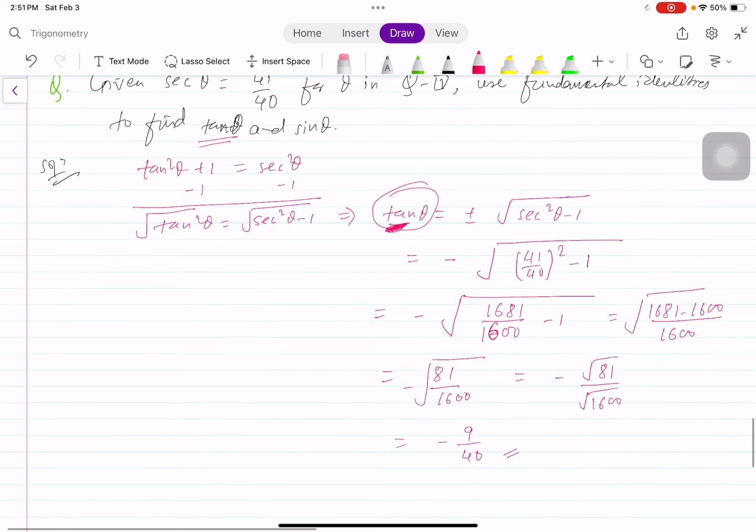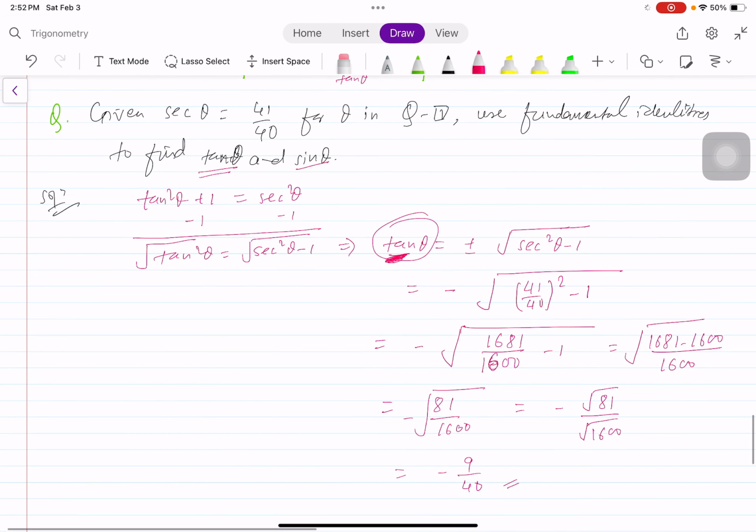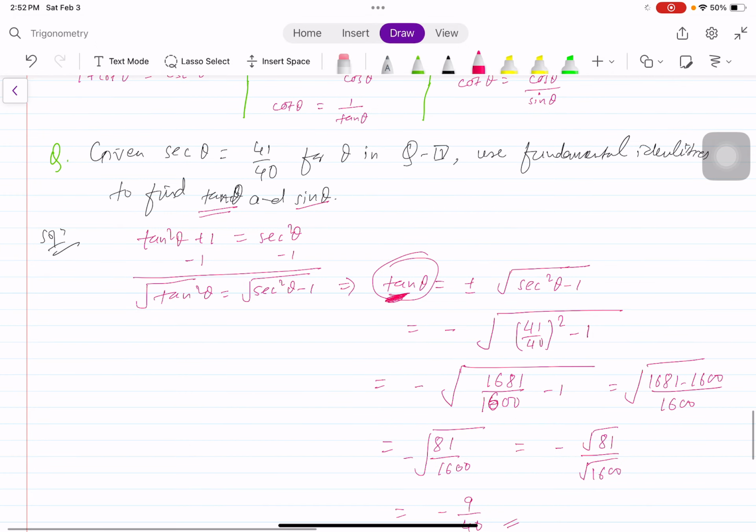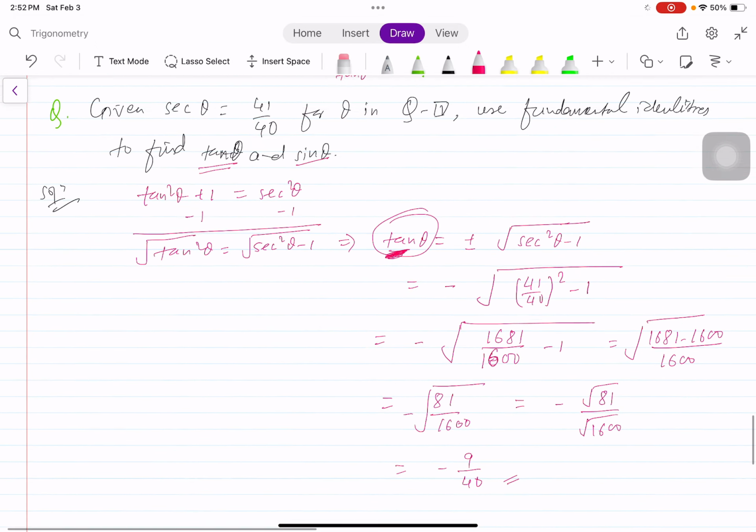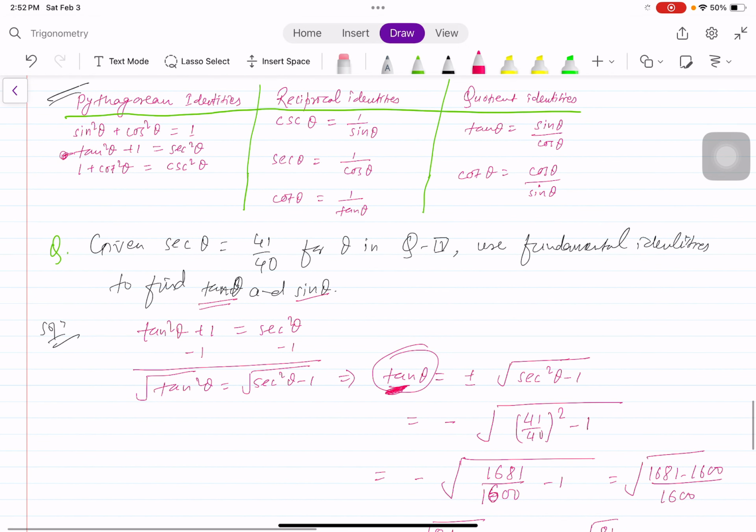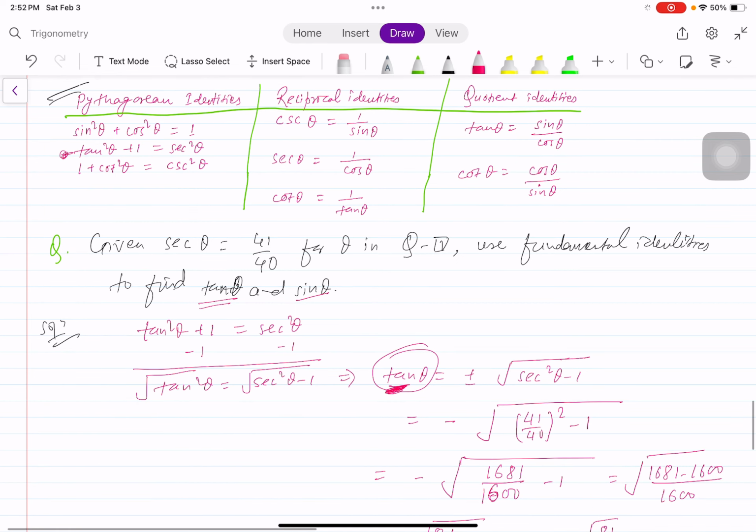Next we find sine theta. Now there can be multiple ways of finding sine theta, because sine is the reciprocal of cosecant, and since we know tangent, we know cotangent, and so we have to be careful here, because knowing these identities doesn't mean that you will be able to solve the problem.